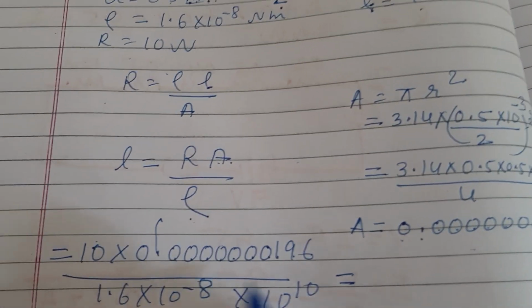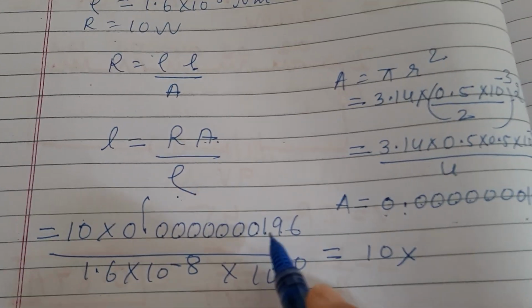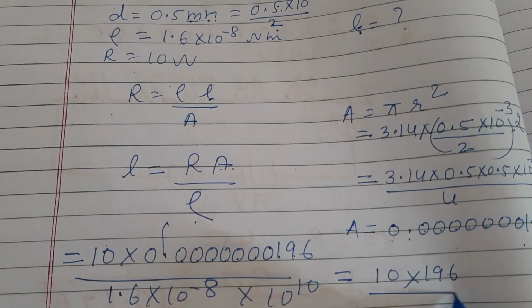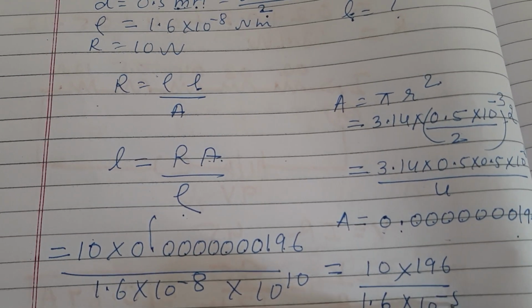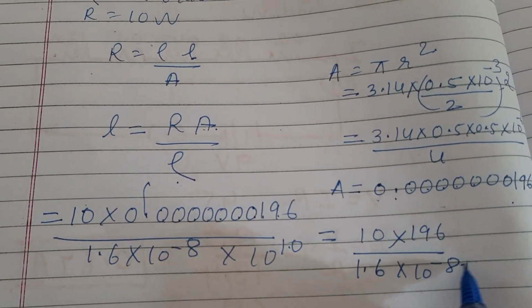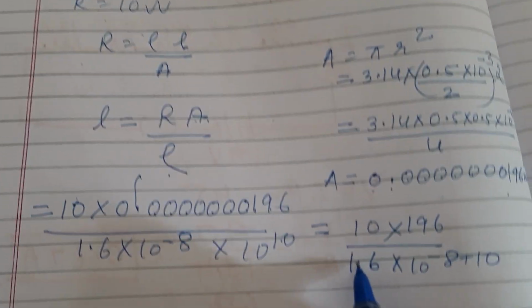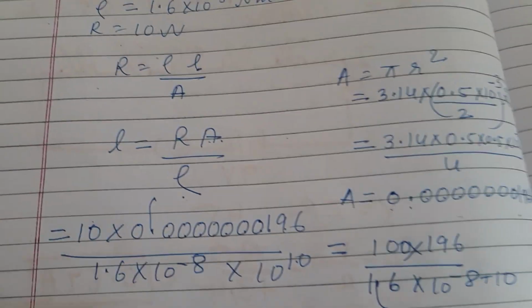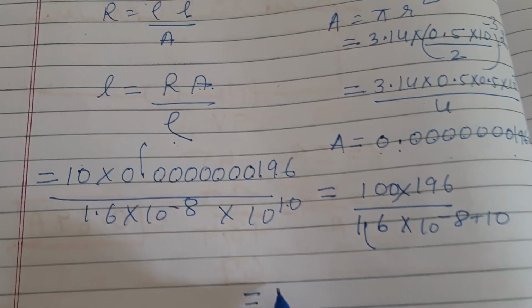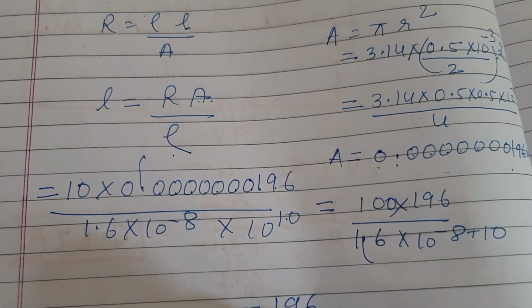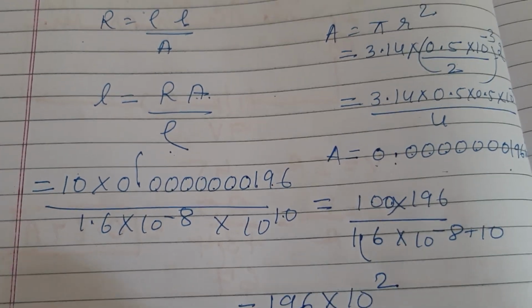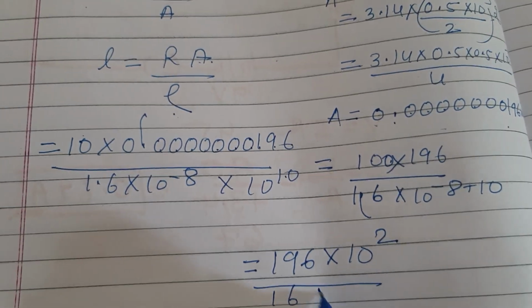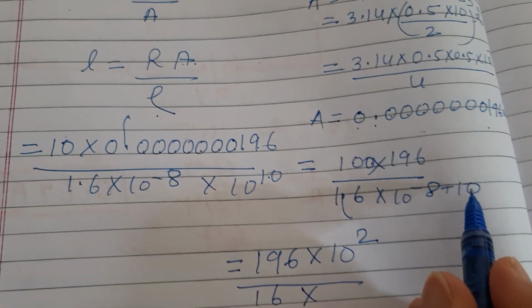So now what we get, 10 into 196 divided by 1.6 into 10 raised to power minus 8, and this is plus 10, and this decimal also we will remove. So we will get 196 into 10 raised to power, upon 16 into 10 raised to power minus 8 and plus 10.